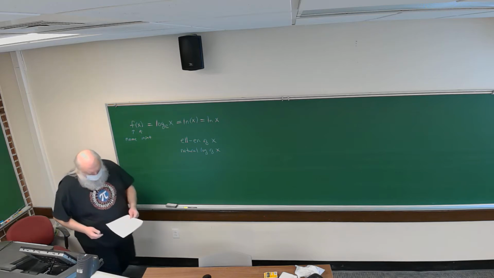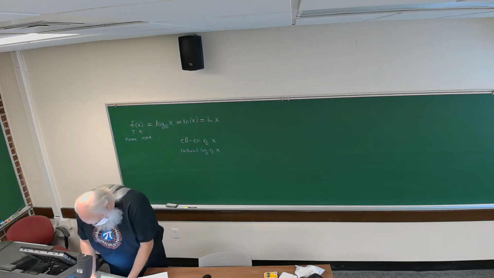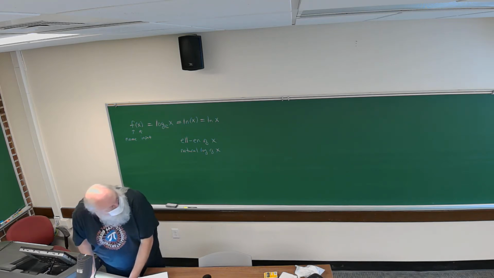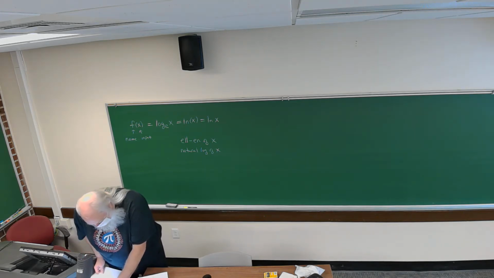All right, so there are properties of the natural log function, and they are similar to the properties back on page 1 of your notes, properties of the logarithmic function with base a.